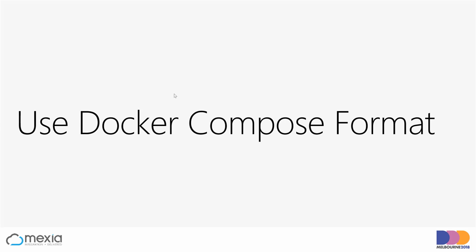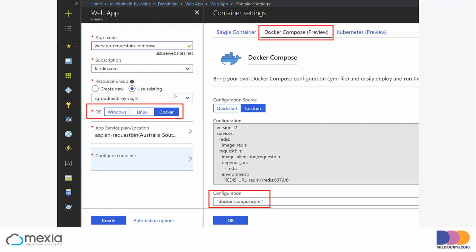So simply use the Docker Compose format here, right? Choose Docker, choose Docker Compose on this tab, and upload the Docker Compose YAML file, right? When we upload it, the Docker Compose definition can be seen like this, right? So this is how we can use Docker Compose format for the multiple container approach.